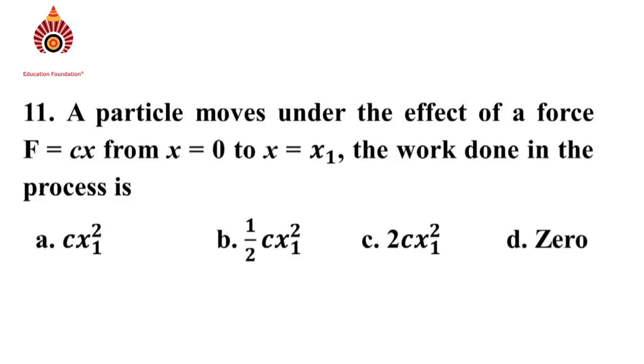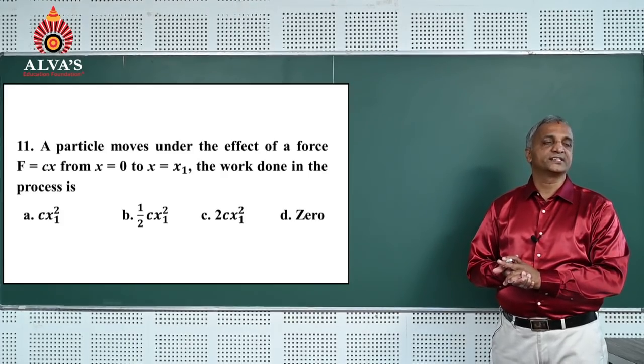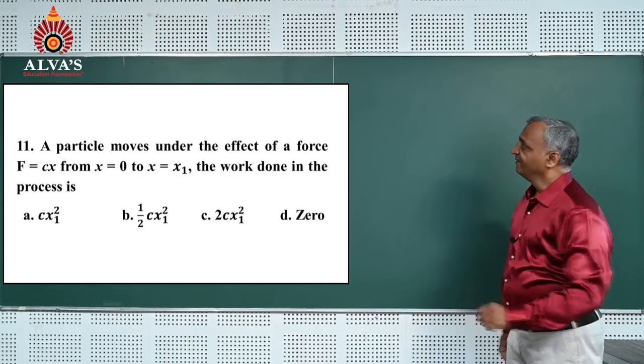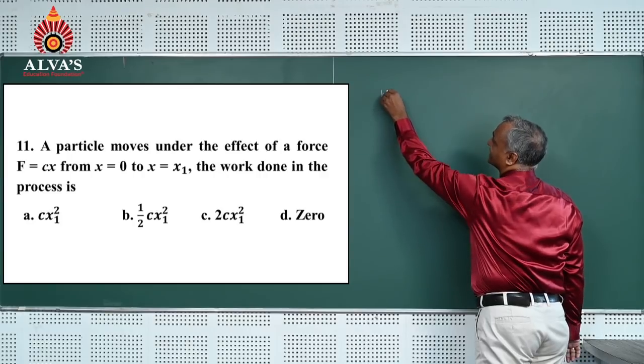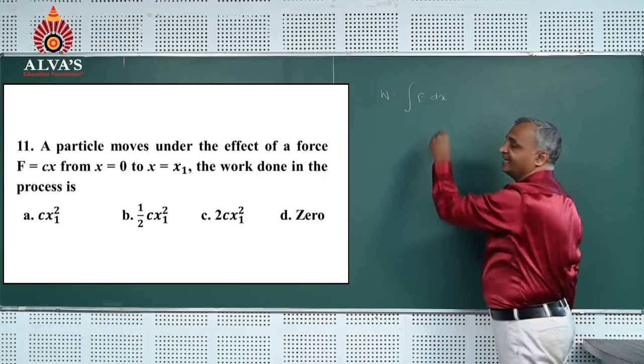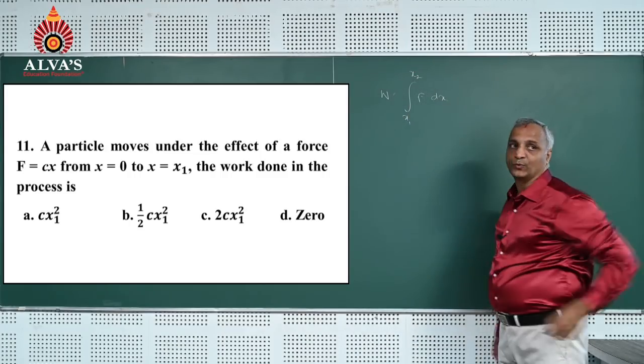Question number 11. A particle moves under the effect of a force F is equal to Cx from x is equal to 0 to x is equal to x1. Work done in the process is. We know that work done is nothing but integration of F dx from the starting limit x1 to the final limit x2.